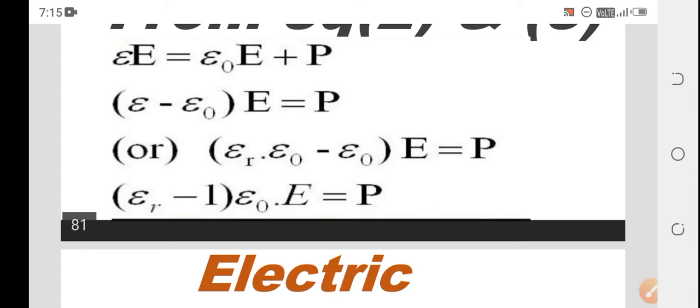From the dielectric constant definition, epsilon r equal to epsilon by epsilon naught.